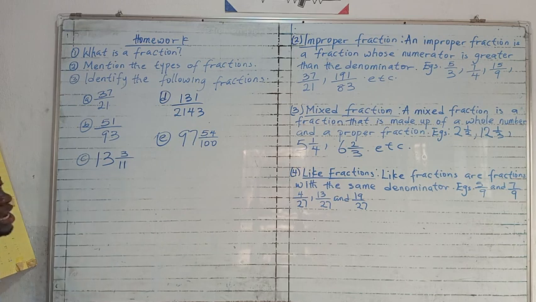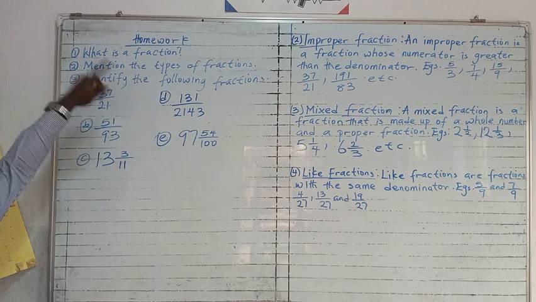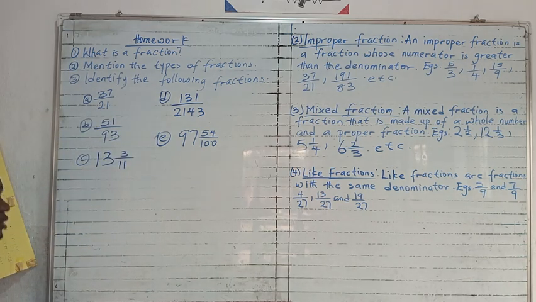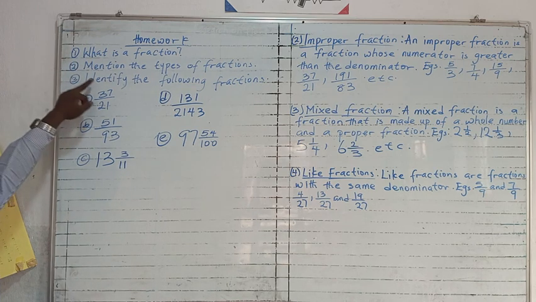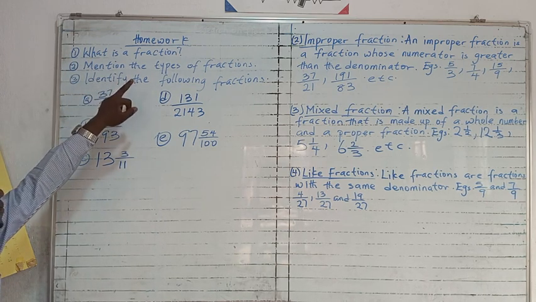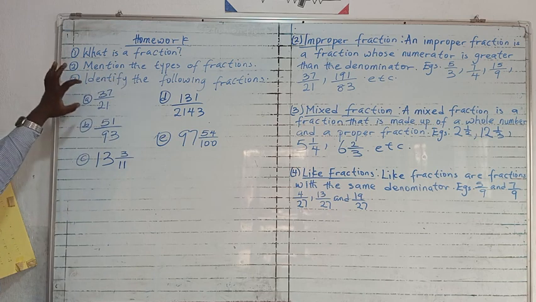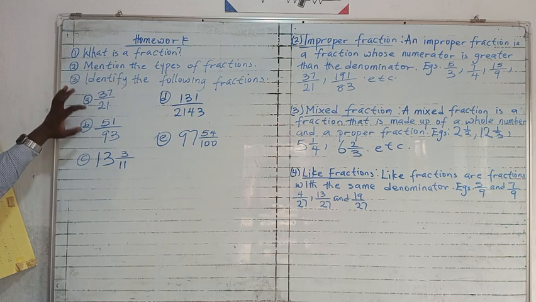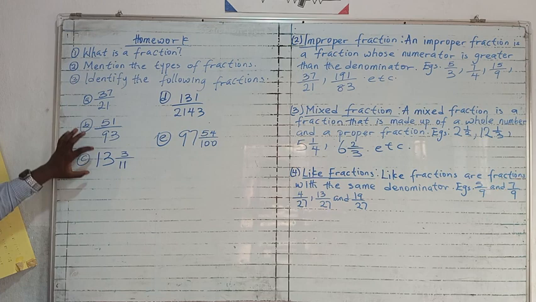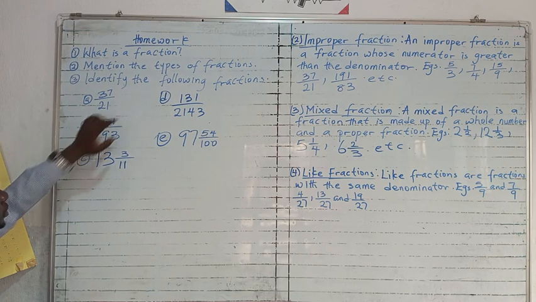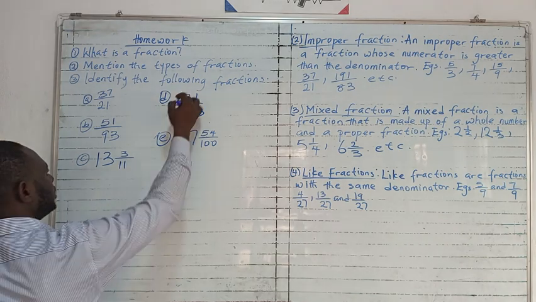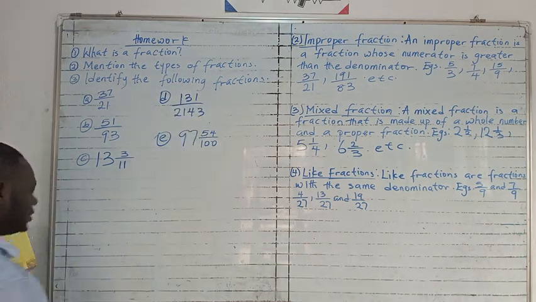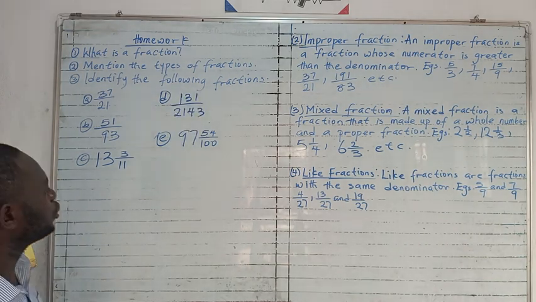So, do these assignments for me and send them to me. What is a fraction? Tell me what a fraction is. Mention the different types of fractions. Then identify the following fractions: 37 over 21, 51 over 93, 13 whole number 3 over 11, 131 over 2000, 97 whole number 54 over 100.